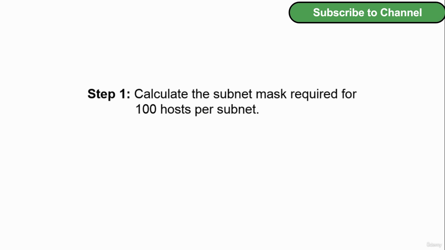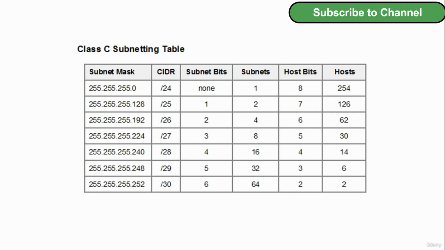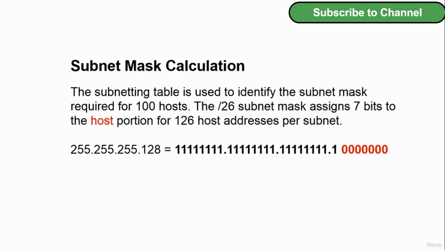And I want to calculate the subnet mask that I need for 100 hosts. So in this case I need 100 hosts, so that's a lot, but it's right at the top of the table. The 126 will work, so 126 hosts requires a /25 subnet mask. That's 7 host bits. So that's what I'm going to use, /25.